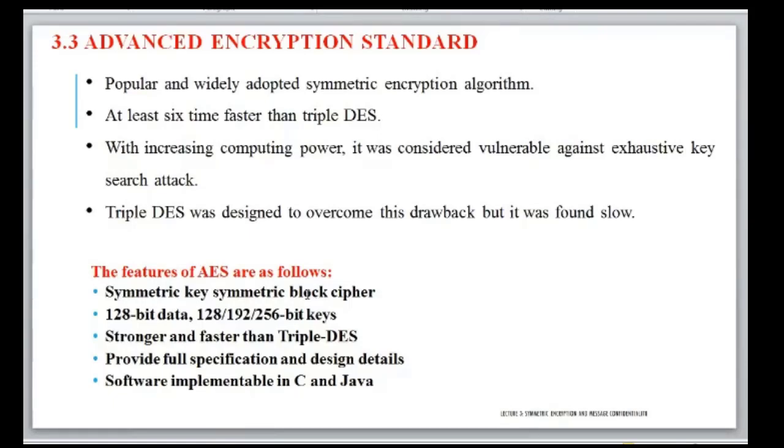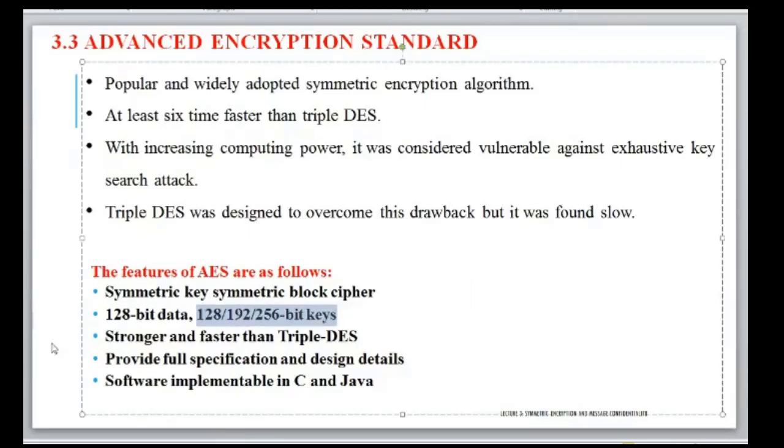And here, the size of the block is 128 bits. In DES, it is 64 bits. So here we are taking 128 bits of data as the block size. Then we use different key lengths: 128-bit, 192-bit and 256-bit keys.